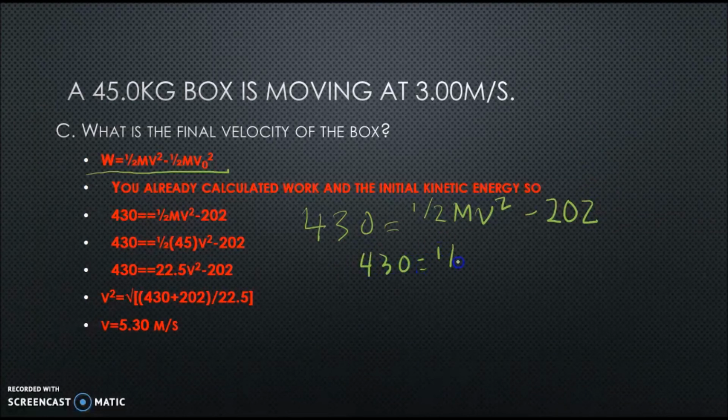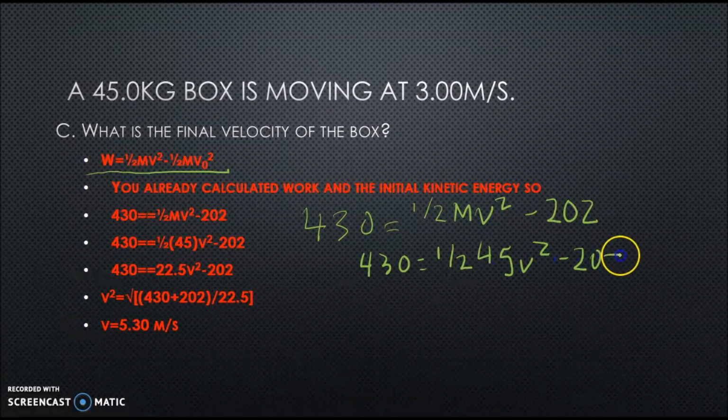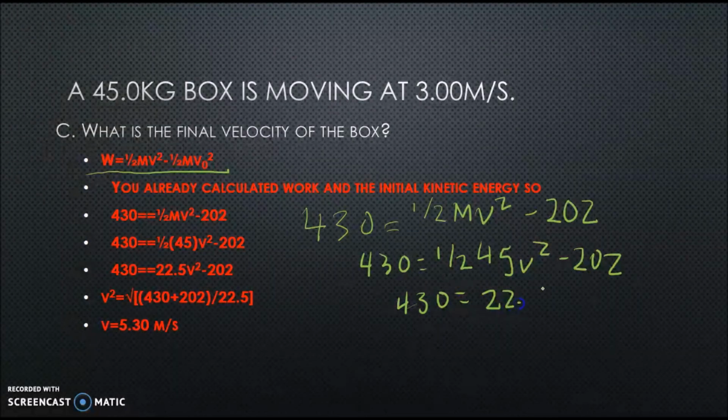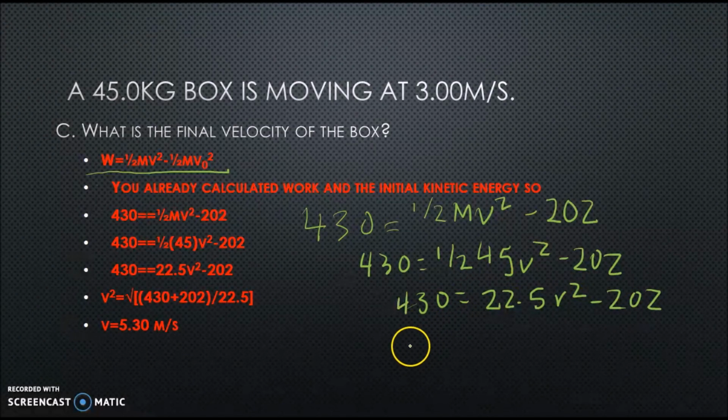430 equals 1/2 45 velocity squared minus 202. Again, simplifying those values further. Now we can move the velocity squared to one side.